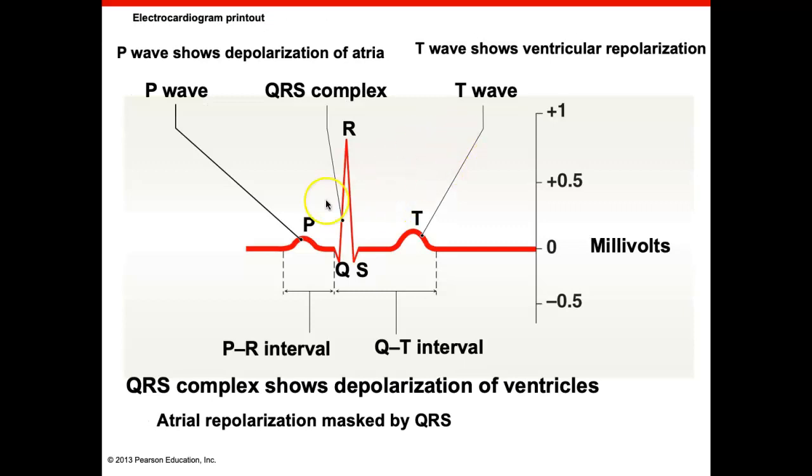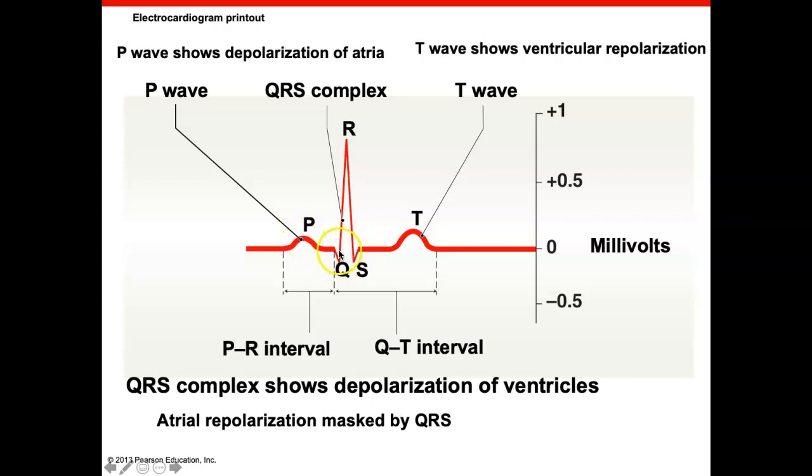So this is the wave that will come out with the ECG. It's called the PQRST wave. And I'll show you what's happening during each one of these little blips here. This little P wave shows depolarization of the atria, or contraction of the atria.